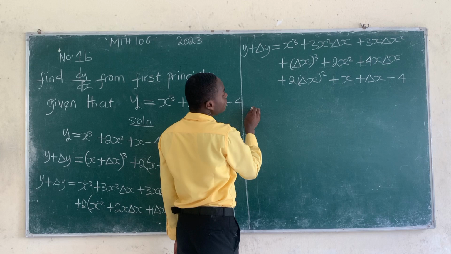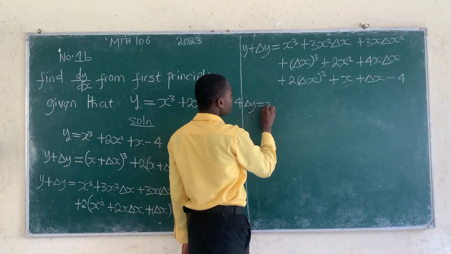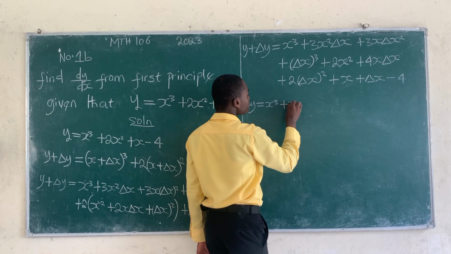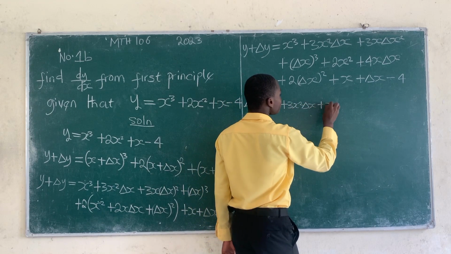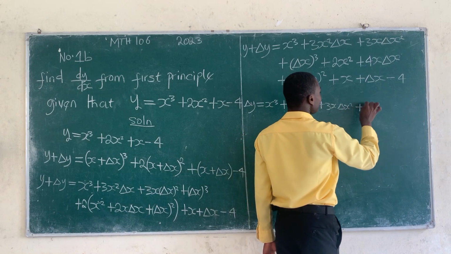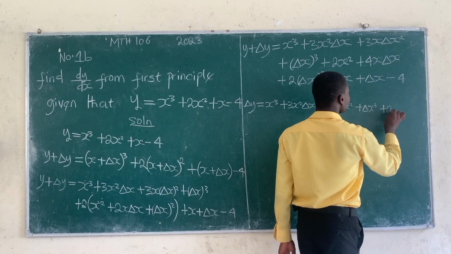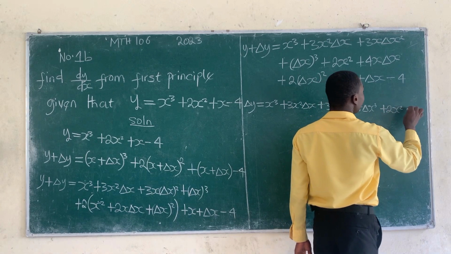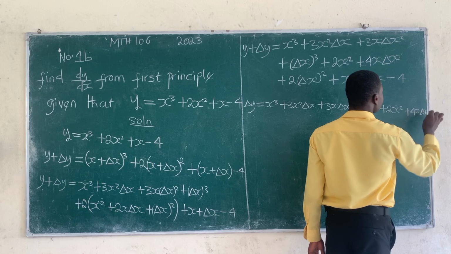So what we have there is increase in y equal to x cubed plus 3x square increase in x plus 3x increase in x square plus increase in x cubed plus 2x square plus 4x increase in x.